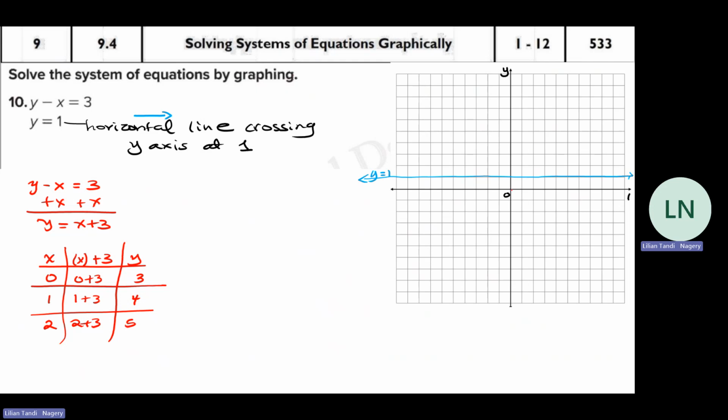Okay, so 0, 3 will be here. 1, 4 will be here. 2, 5 will be here. Then you follow the pattern. 1 right, 1 up, repeated. Okay.